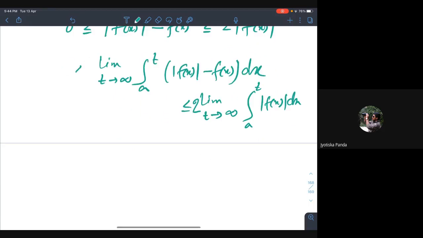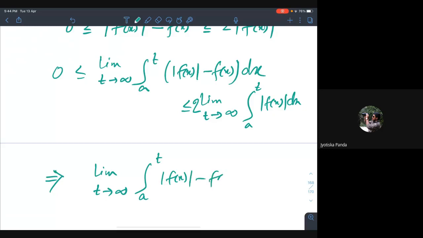Right, so this side is bounded. So therefore this implies the first integral will exist. So the integral of f(x) dx exists.